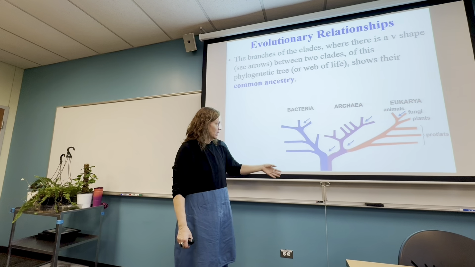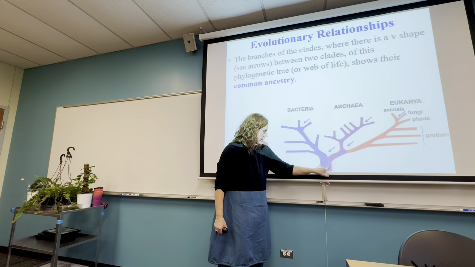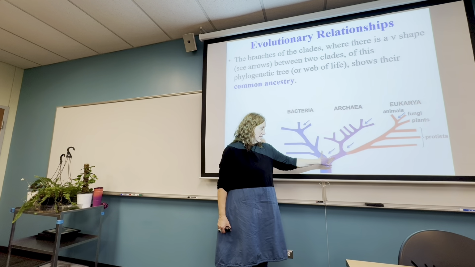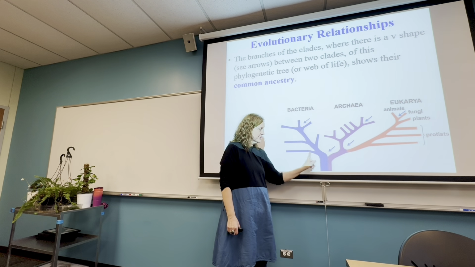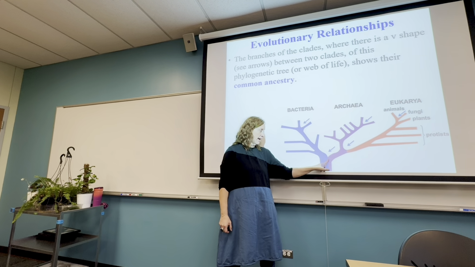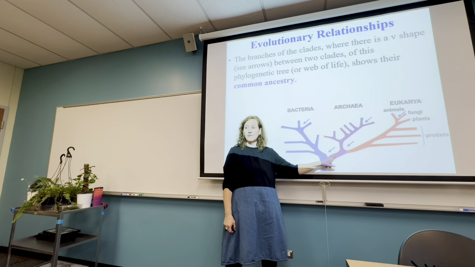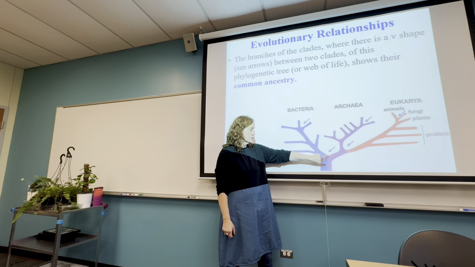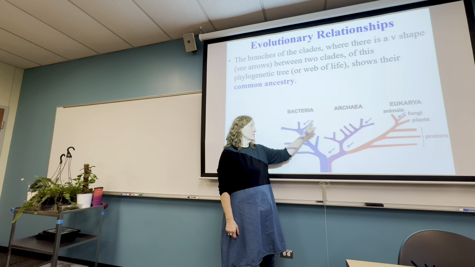So what you do see is that the bacteria and the archaea, the trunk of the tree branches off. I have an arrow here that indicates that at this place where a branching has occurred, there's a common ancestor between the bacteria and the archaea.